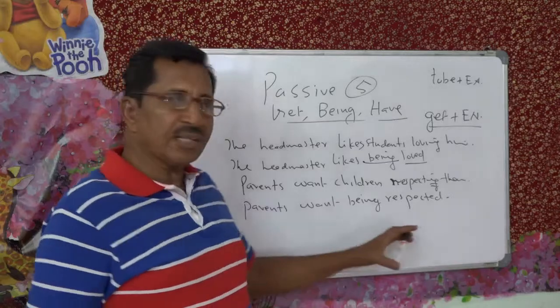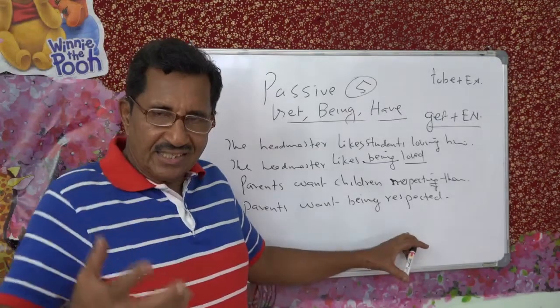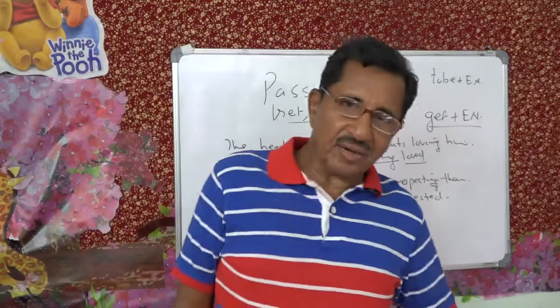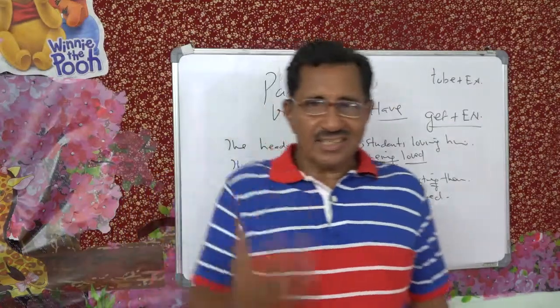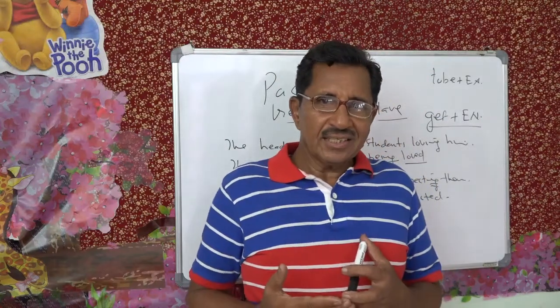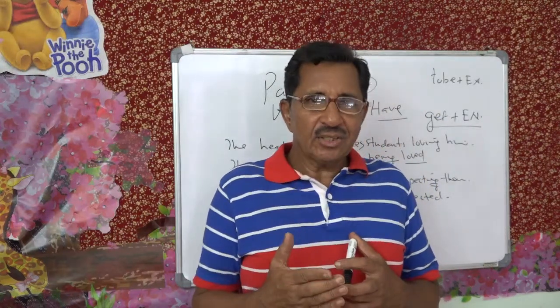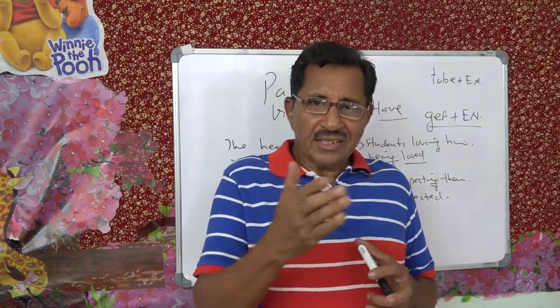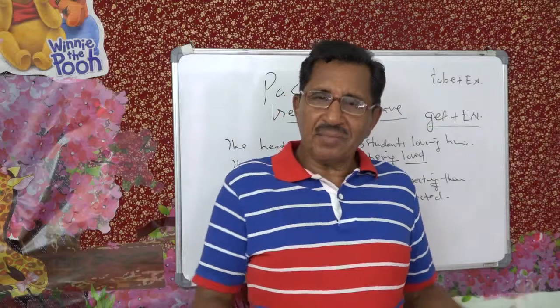Elders want being respected. Elders, it's a senior citizen now. These days you hear many things about senior citizens. So, senior citizens want youngsters to respect them, or wants respecting them, to respect them or respecting them.